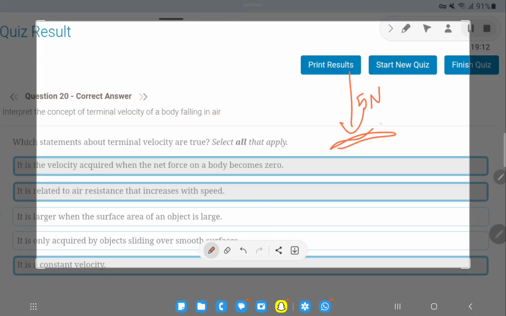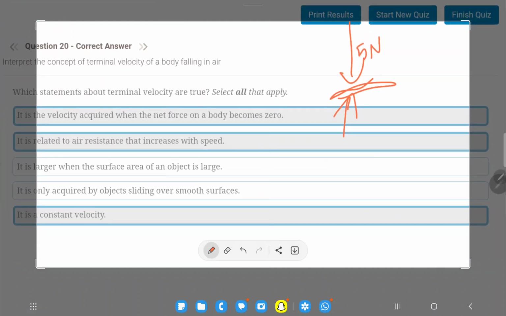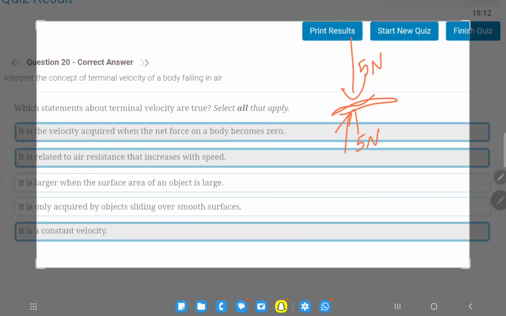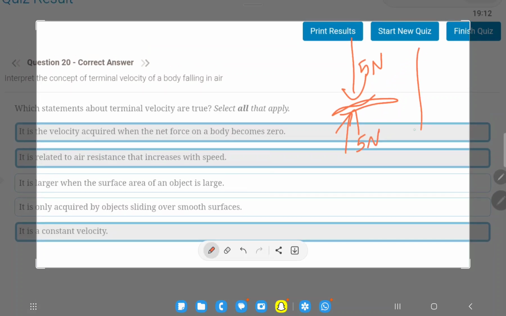Since it's free falling, some air resistance will act, and it reaches terminal velocity when the air resistance equals the weight. It keeps falling down with a constant velocity because the forces on it cancel. It has a zero net force.